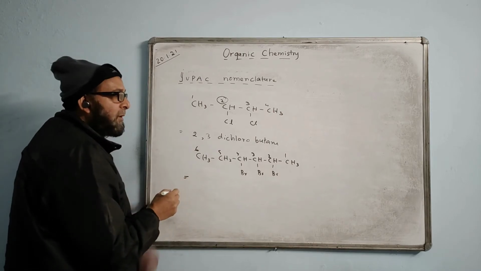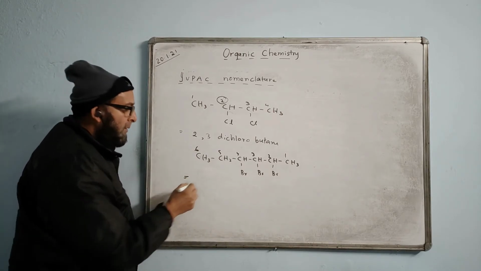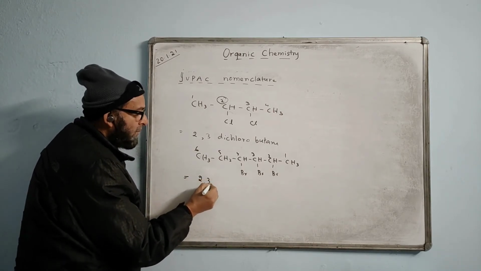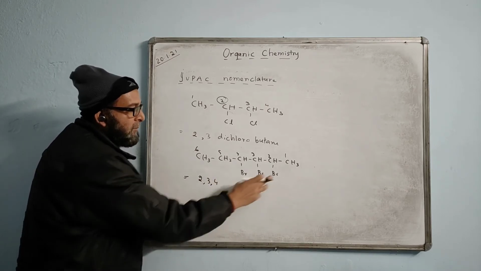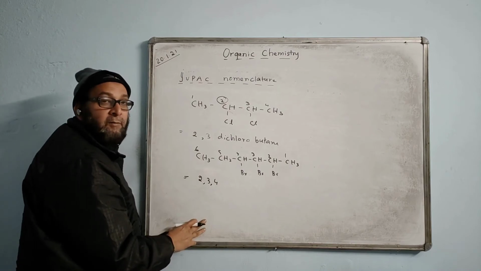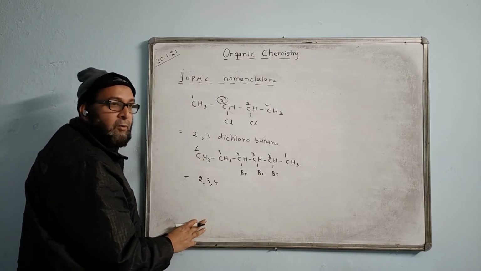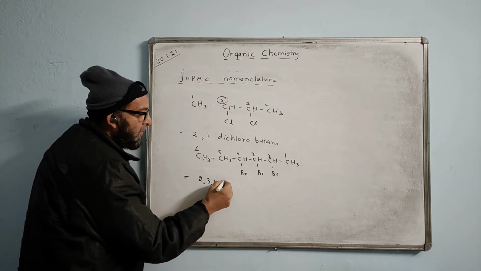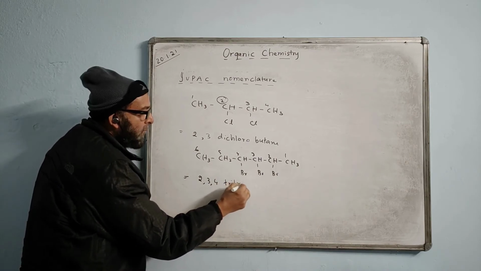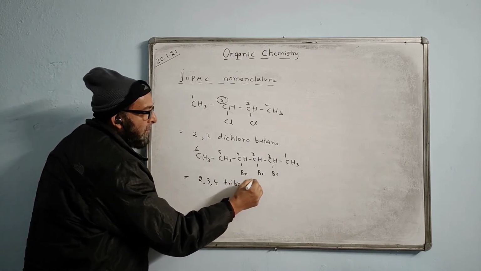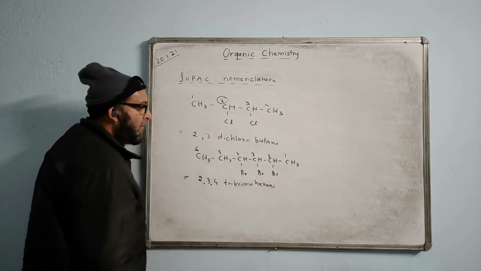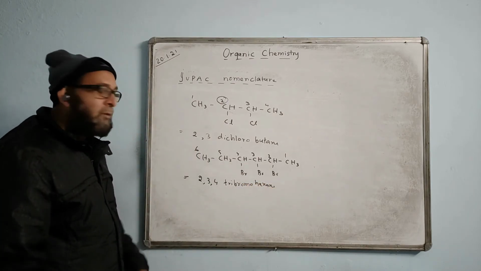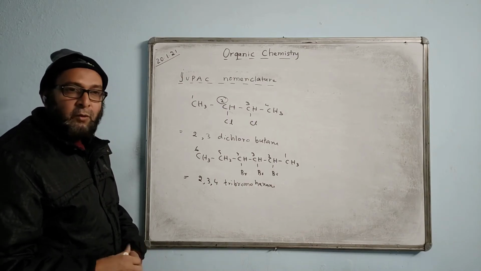Tell me what you are writing there. 2, comma 3, comma 4. 1, 2, 3 of them are there. 3 of them, what do you call it? Tribromo. 6 is the number of hexane. Yes. 2,3,4-tribromohexane. Understood?